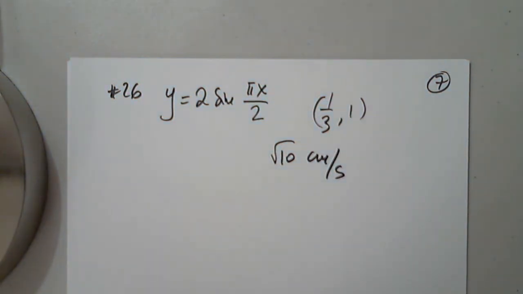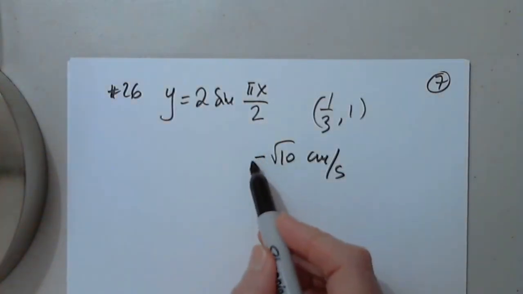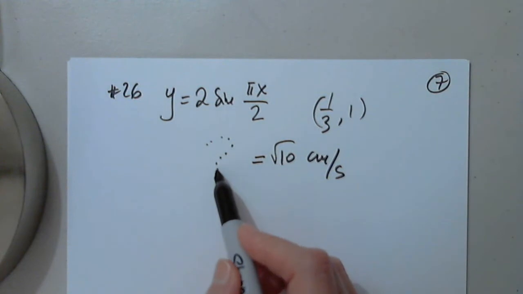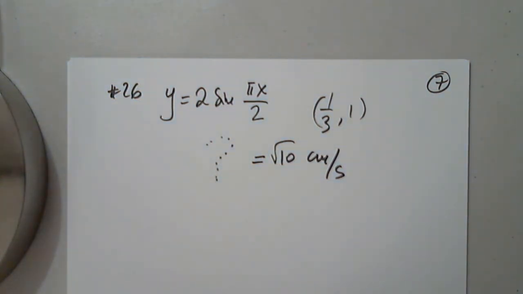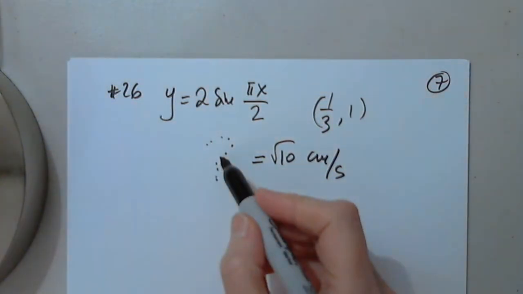One more time. A particle moves along the curve, blah, blah, blah. As the particle passes through, blah, blah, blah, its x coordinate increases at a rate of the square root of 10 centimeters per second. Distance and time.